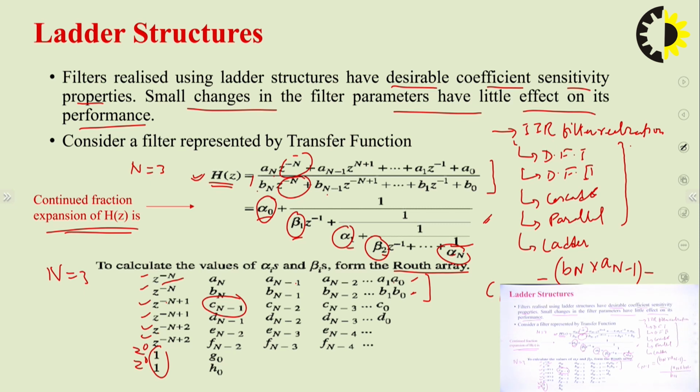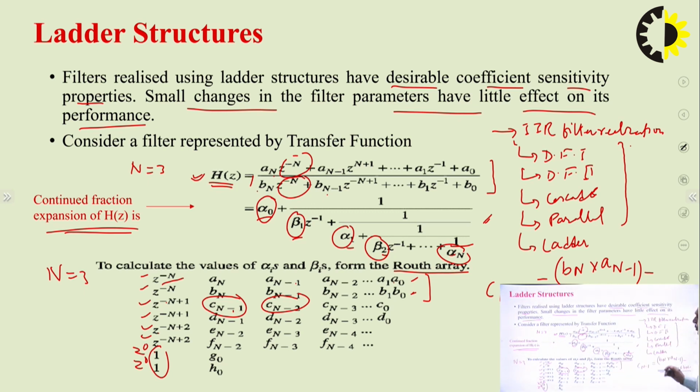In this manner we can calculate Cn minus 1. For Cn minus 2, we will multiply bn into an minus 2 minus an into bn minus 2, upon Cn minus 1. So you will get the value of Cn minus 2.